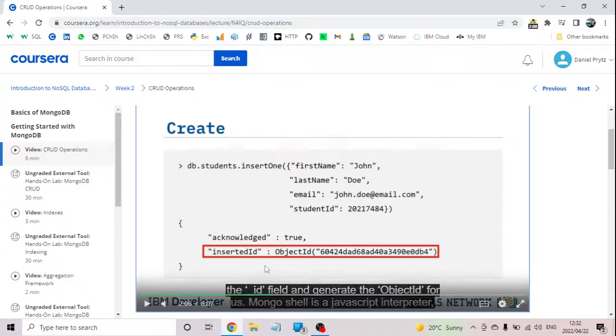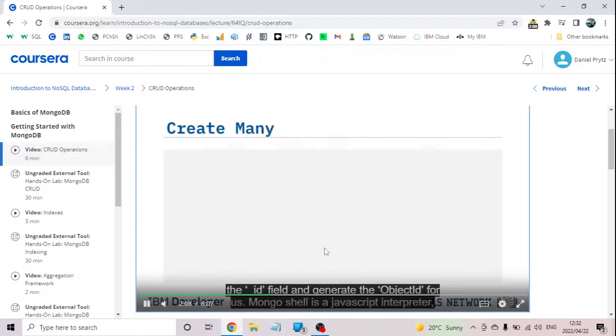Mongo shell is a JavaScript interpreter. Makes sense.